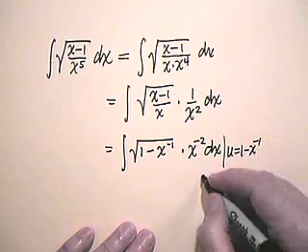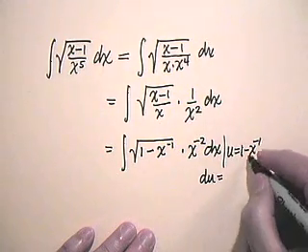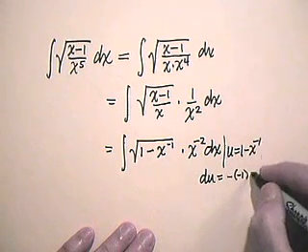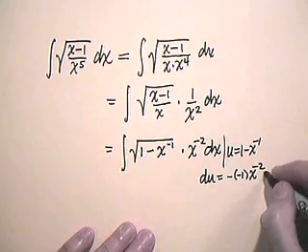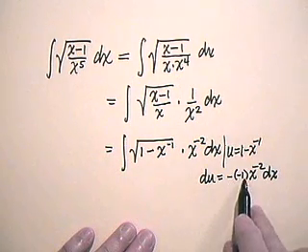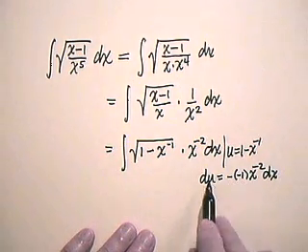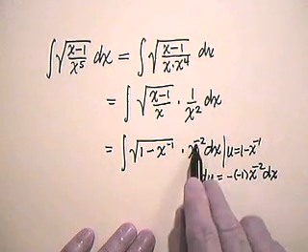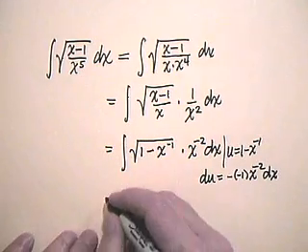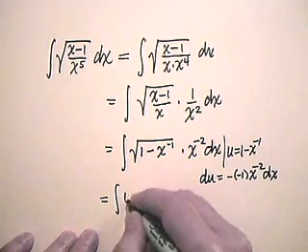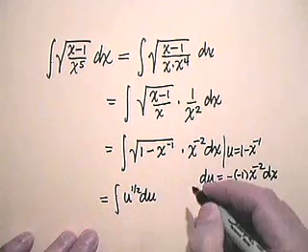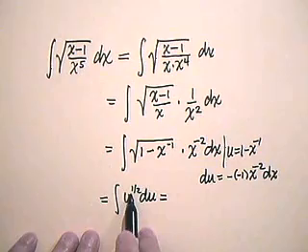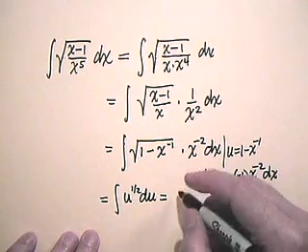Because when I do, du is simply negative 1 times x to the negative 2 dx. Negative 1 times negative is plus 1, so du is x to the negative 2 dx. That is, there's our du, there's our u, and so we have the indefinite integral of u to the 1/2 du, whose antiderivative is u to the 3/2 over 3/2.